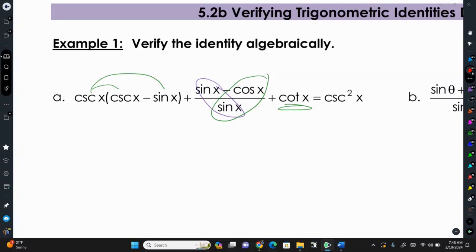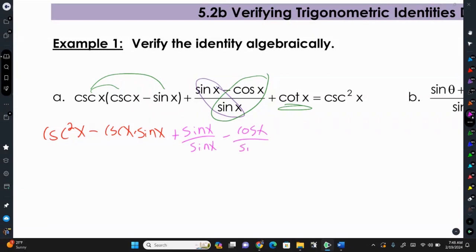So I'm going to distribute this cosecant, so I get cosecant squared x minus, and like I was saying, if we multiply cosecant x times sine x, which will reduce to 1, plus sine x over sine x minus cosine x over sine x plus cotangent x.